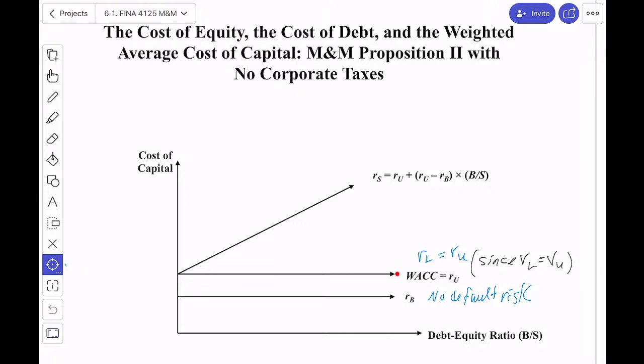So this is flat. So this one doesn't change and this one doesn't change. But if debt to equity goes up, the return to shareholders in the levered firm increases. So shareholders in the levered firm will demand a higher rate of return for taking on more debt.